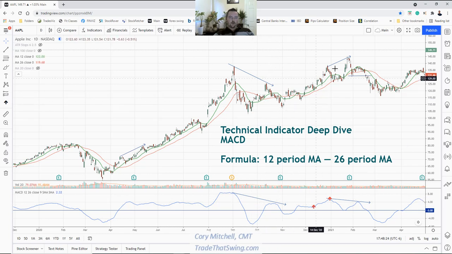And at no point has this rally been much more choppy. Notice how we had the constant separation here, which on the MACD actually doesn't look so good. But from a price action perspective, when we're combining it with the MACD, we can see lots of separation throughout this uptrend, a very strong uptrend. And through here, not a lot of separation, lots of choppiness, lots of zero line crossovers.